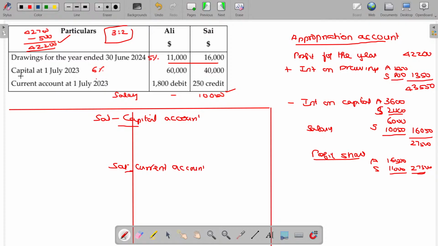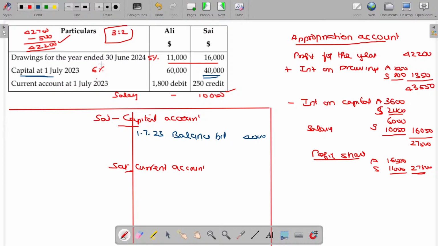Now, this is the capital account. We start with balance brought down, the value being 40,000 rupees for Sai. Of course, you can date it also. 1st July 23, balance brought down.